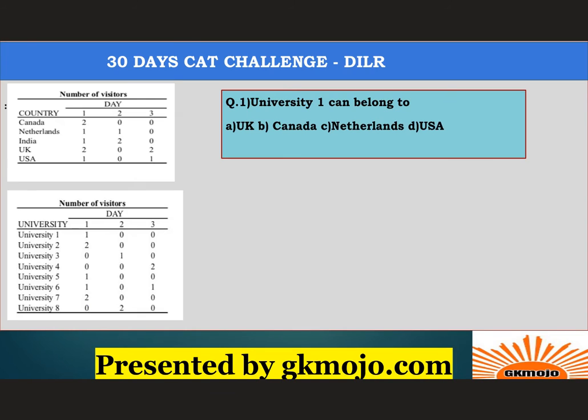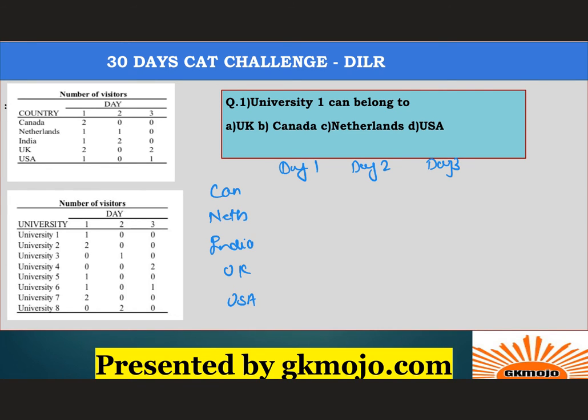The first question is, university 1 can belong to which? As I had told you, we will have to find out which university belongs to which country. There are 5 countries, and there are day 1, day 2 and day 3.